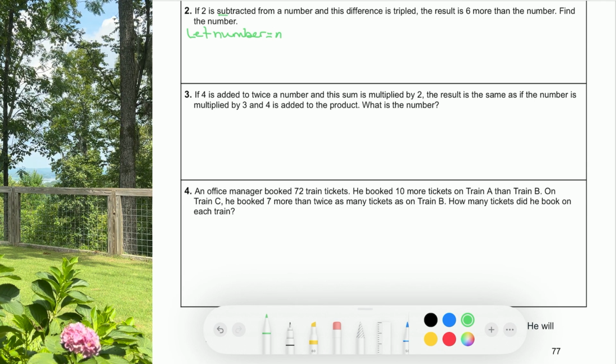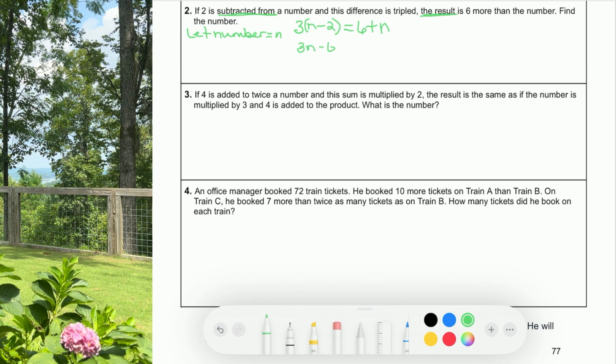If 2 is subtracted from a number, that's a turnaround phrase, so we say n minus 2. This whole difference is tripled, so we put it times 3. The result is, and that's our equal sign, 6 more than the number, so 6 plus that number.